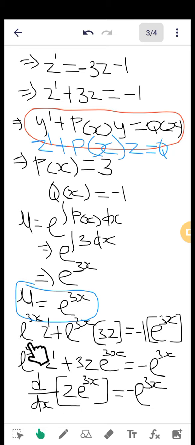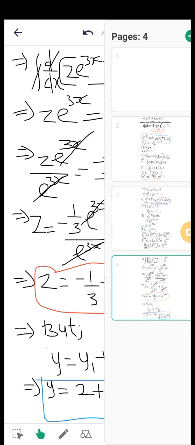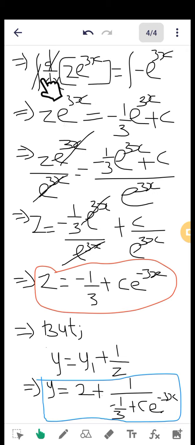So this is the derivative of the product of z and e to the 3x, equal to minus e to the 3x. Hence the integral of d/dx of this cancels the d/dx, remaining z e to the 3x.